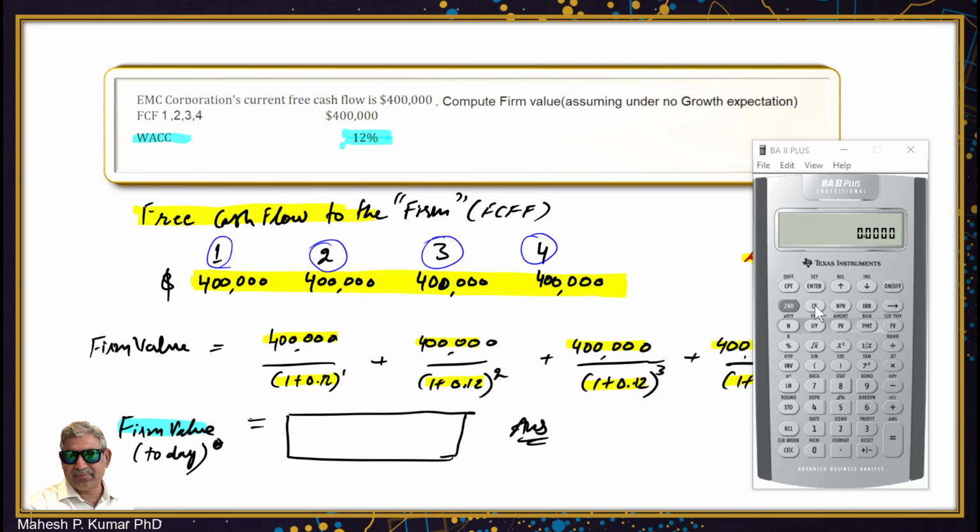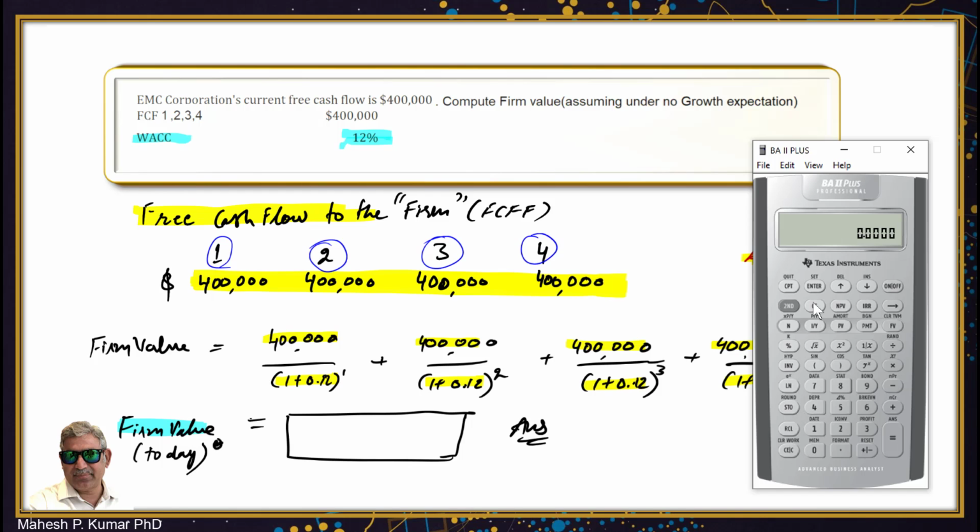We click on CF, the cash flow function, and then we click on second and then clear work. This way anything in the cash flow function memory of the calculator is cleared out. Second quit, come out of it. Now we have 400,000, which is a constant cash flow for each year starting with year 1. So actually I can store it in the first memory slot.